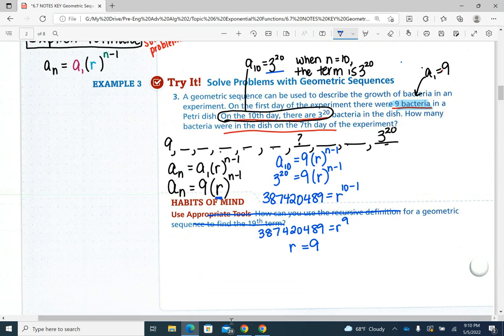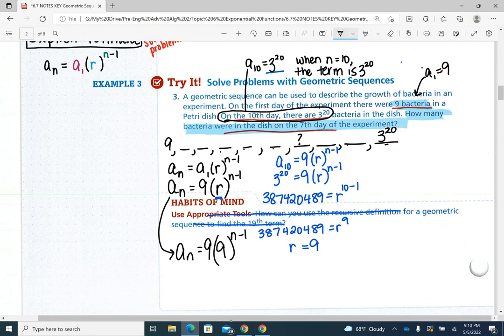So now I can take my equation and say that a sub n, now that I know r, equals 9 times r, which is 9, to the n minus 1. That's going to allow me to finally answer this question: how many bacteria were there in the dish on the 7th day of the experiment?